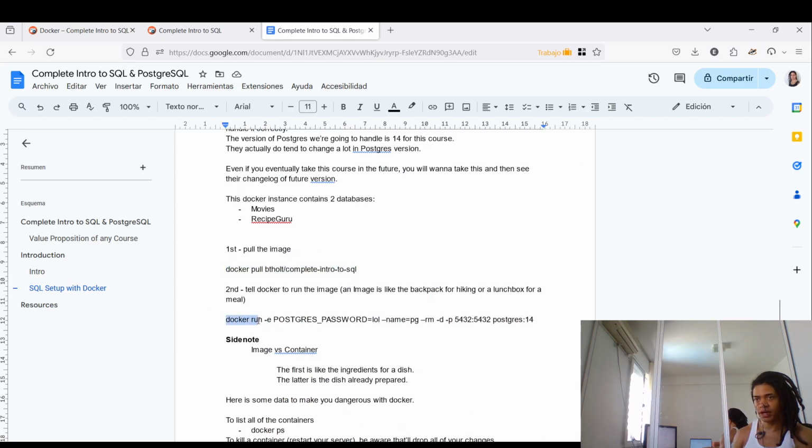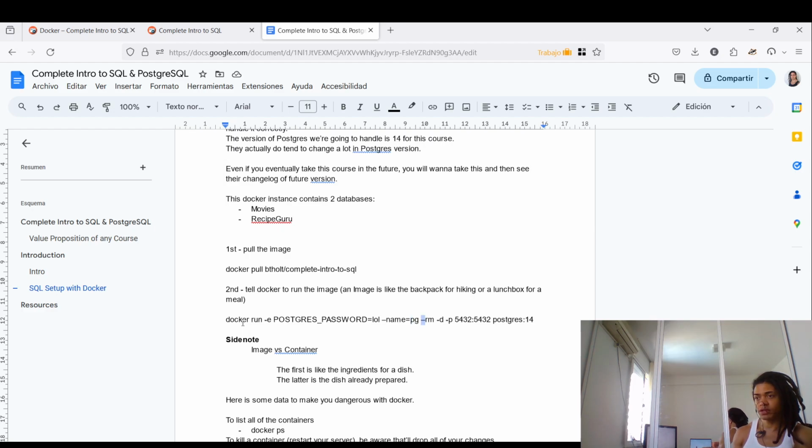Here we are now saying, this particular instruction is telling Docker, hey, I want you to run this environment variable, which is something that this image needs by default, it is required. Postgres password, with LOL. You shouldn't use that in your production database, but in any case. Followed by name, which is the name we're going to use to easily reverse this: PG.